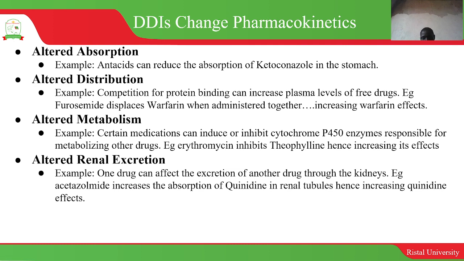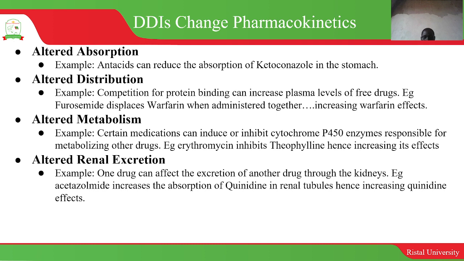Remember we said that the most active form of the drug is the one that is displaced from its binding sites. When a drug is bound to a carrier protein, it is inactive. But when it is displaced from the binding protein, it becomes active.